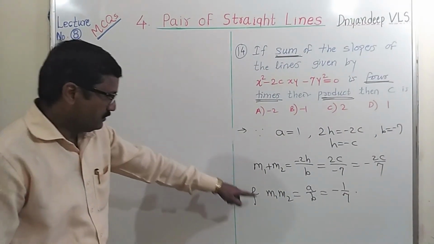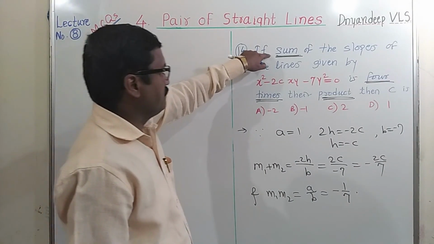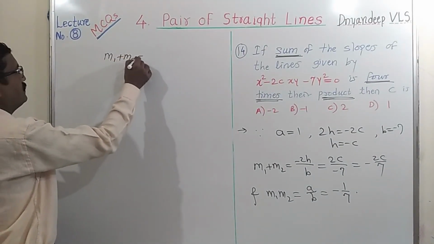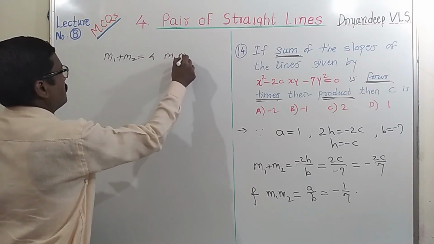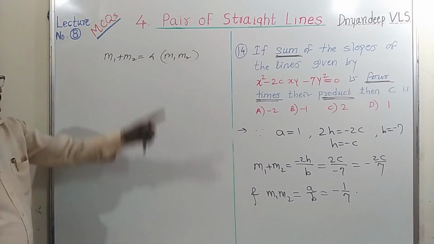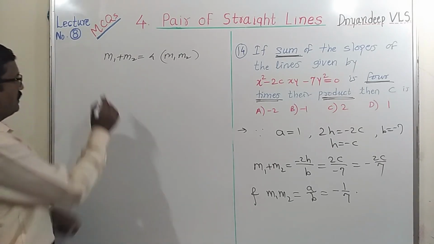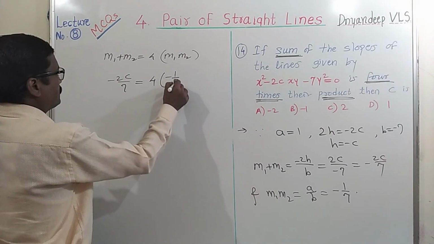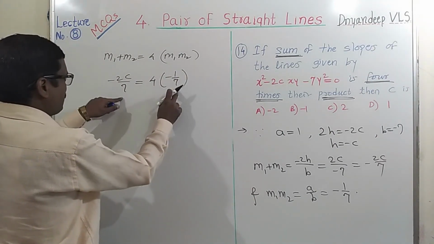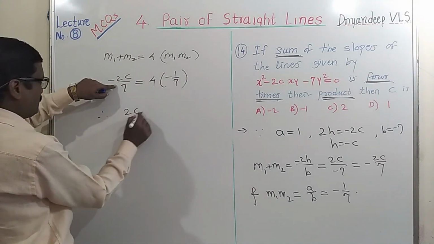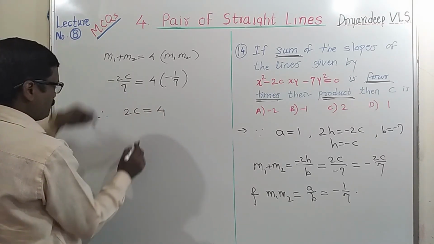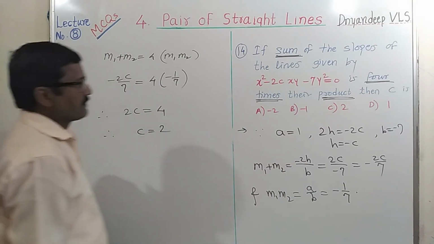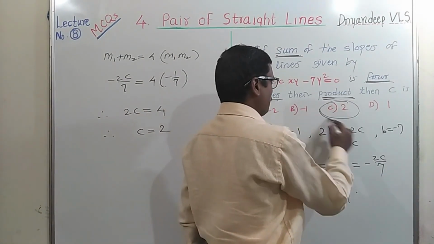Okay, now the condition is that sum is 4 times the product, that is m1 plus m2 is equal to 4 times m1 m2, that is given by condition. So minus 2c upon 7 equals 4 into minus 1 by 7, negative sign get cancelled, 7 get cancelled, therefore you get 2c is equal to 4, therefore c is equal to 2. So the option C is our correct answer.